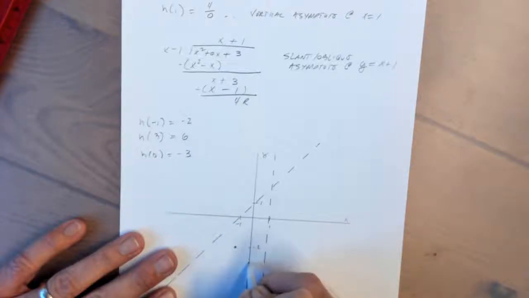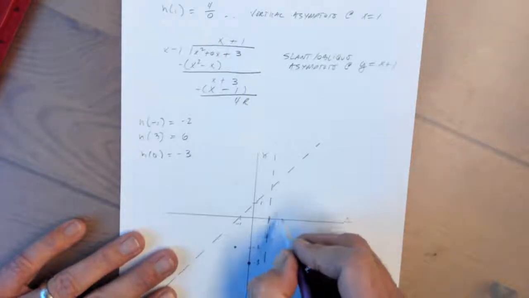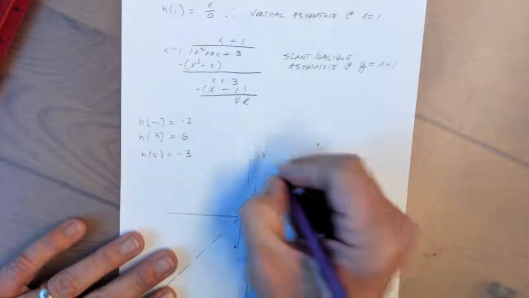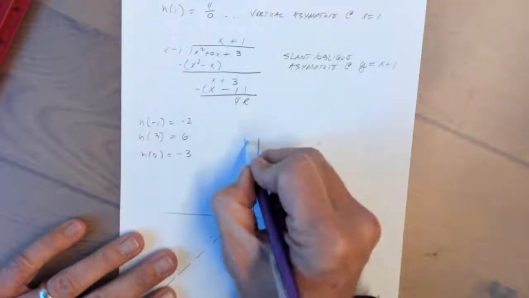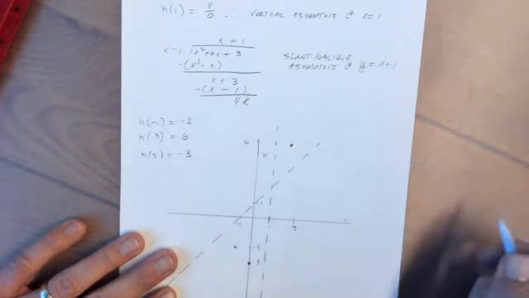We have a vertical asymptote at 1. At the value 3, we have a y value of 6. Extend that up.